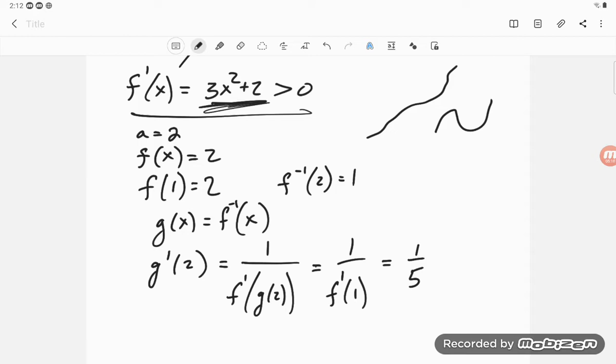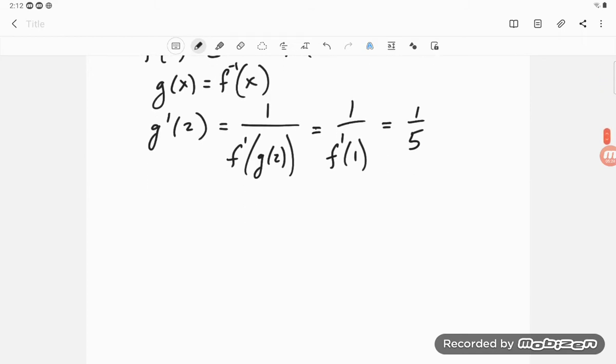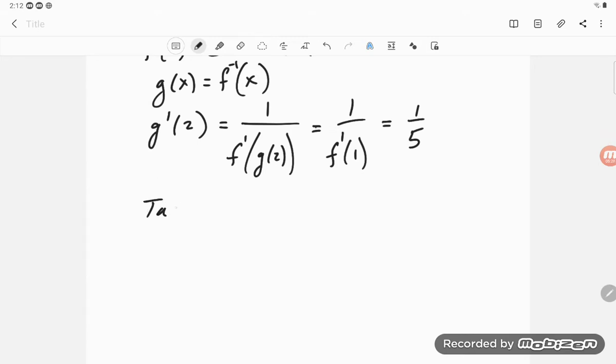Now, again, though, given that I've got that information, just like I did with example 5, you could go further and I could say, hey, what's the tangent line to f inverse of x at x equals 2?